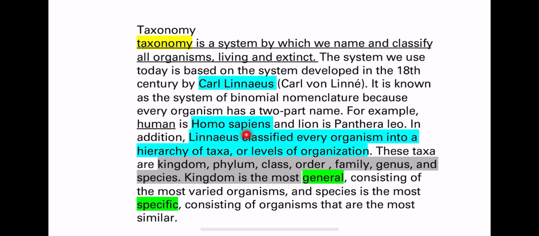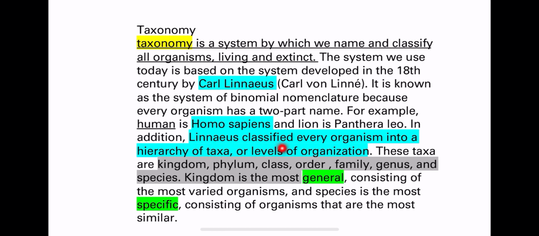If you went to any country, for example France, and you told them human, they wouldn't understand. But if you said Homo sapiens, they can find it in the scientific binomial nomenclature and they will understand. So Homo sapiens is the scientific name that's known in all the world.